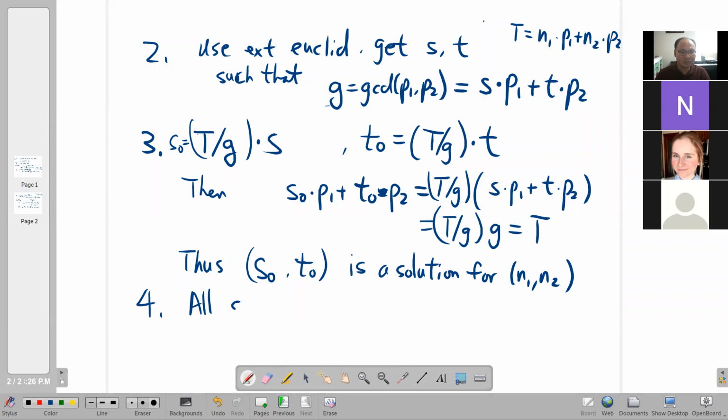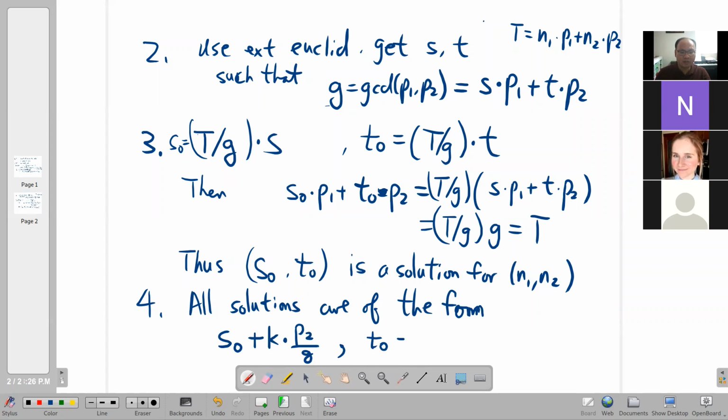So all solutions are of the form, they always look the same: S0 plus K times P2 over G, T0 minus K times P1 over G, where K is any integer. So you pick any integer K, plug in this formula, you'll get a solution.